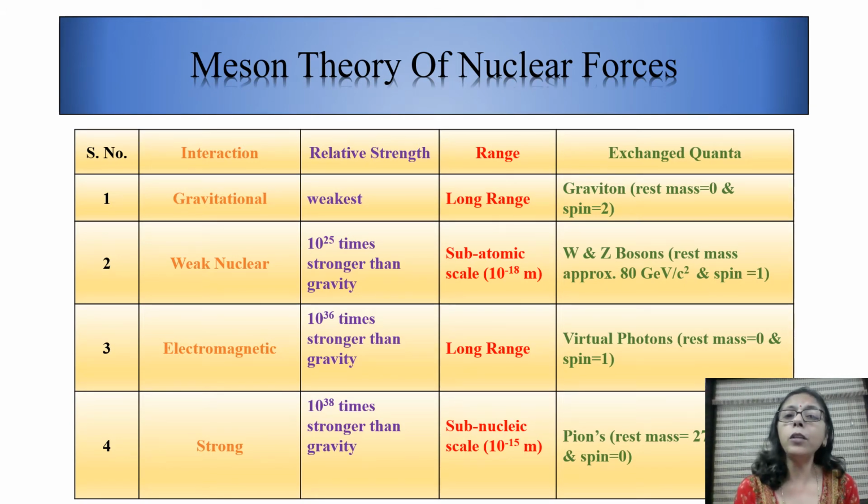Now, when I talk about the Yukawa theory or the Meson theory of nuclear forces, to be more specific, I would later tell you why this Meson theory of nuclear forces is also called the Yukawa theory of nuclear forces. What I'm more interested in is the exchanged quanta. As I already told you, it is this exchange character of the nuclear forces which is of prime importance.